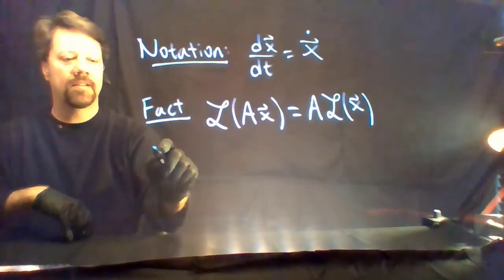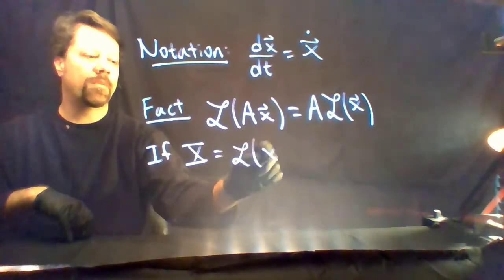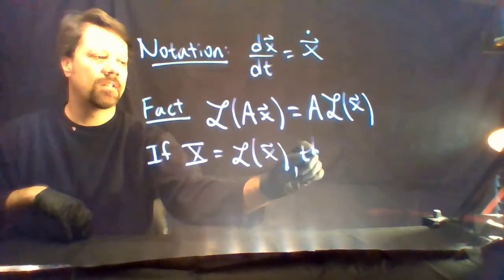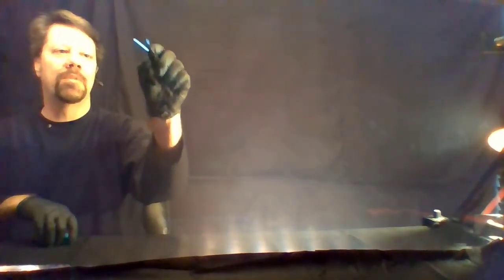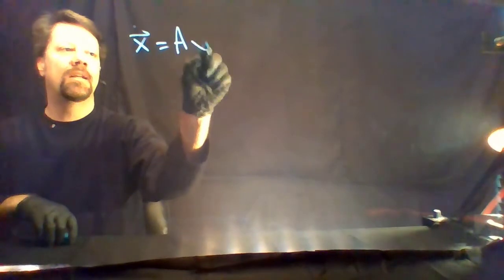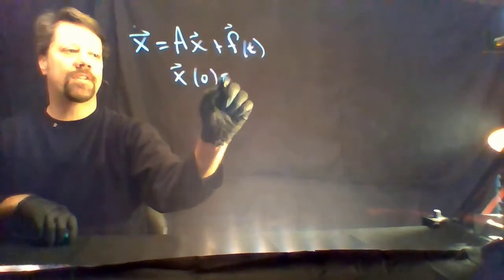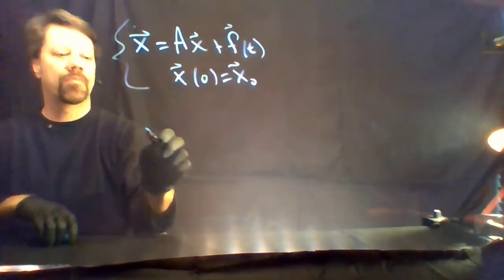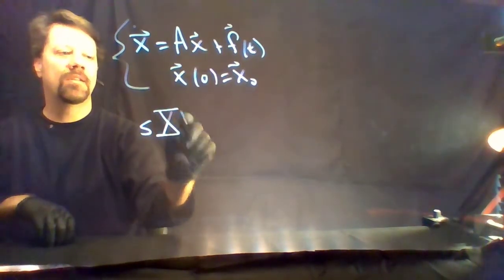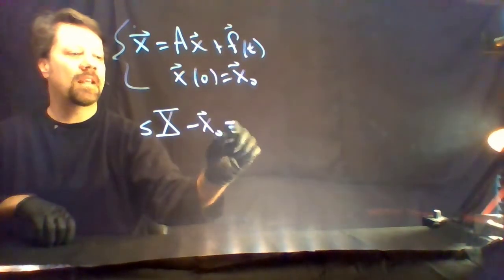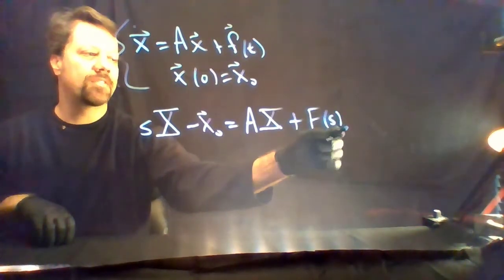I.e., if big X is the Laplace transform of this vector valued function little x, then when considering the initial value problem, x dot equals Ax plus f of t, x of 0 equals x naught, taking the Laplace transform yields s times big X minus x naught equals A times big X plus F of s.